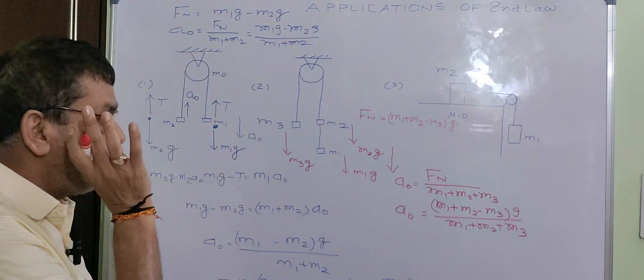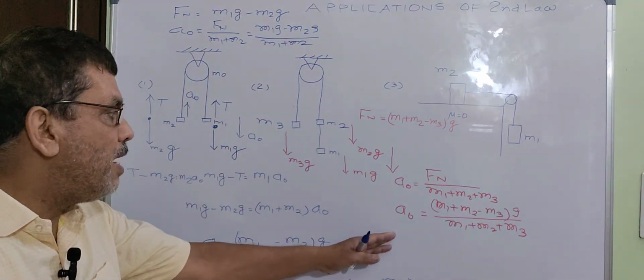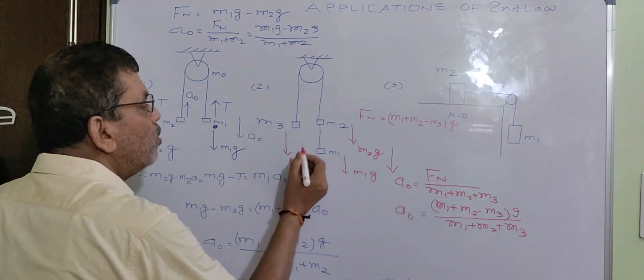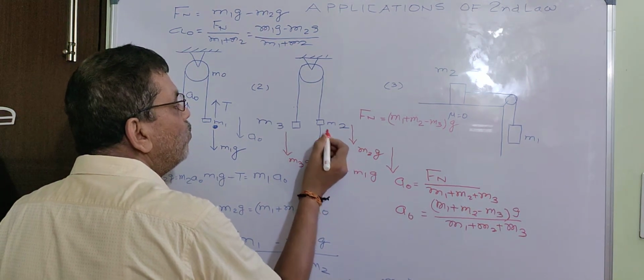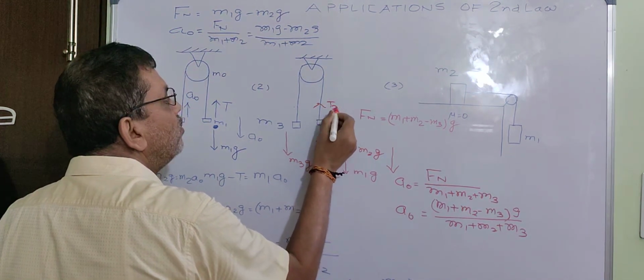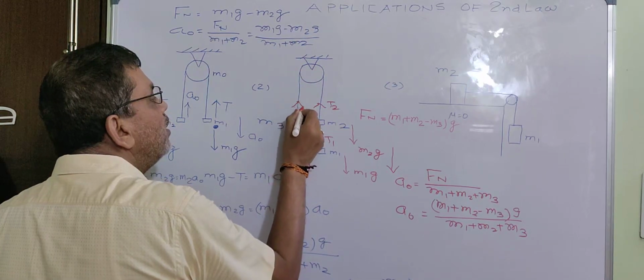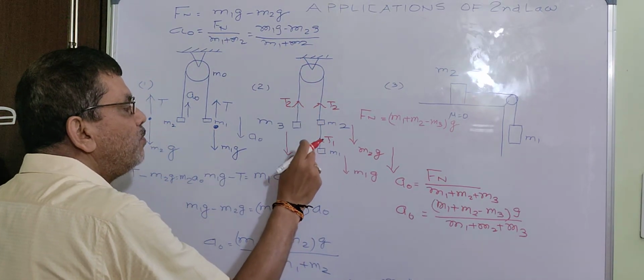Very easily you can find out the acceleration, and once you know the acceleration, you can decide what is tension T1 and what is tension T2. In this string T2 will act, in this string T1 will act.